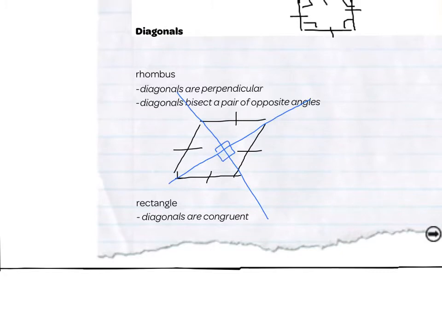Diagonals also bisect the angles they are at, so they cut them in half. And that's something that's going to be very useful later on.